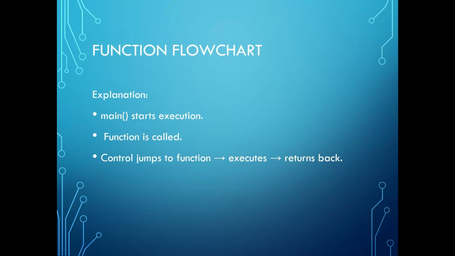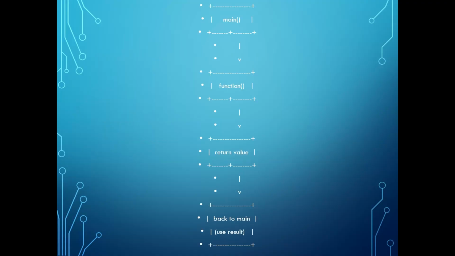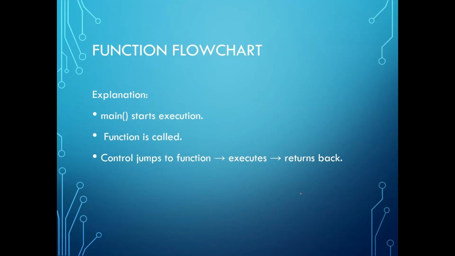For a function flowchart, if you see here, the main function will initialize, then the function will be called, then control goes into the called function, and it will return the value, and when it returns the value, it goes back into the main function. So this is what the flowchart means.